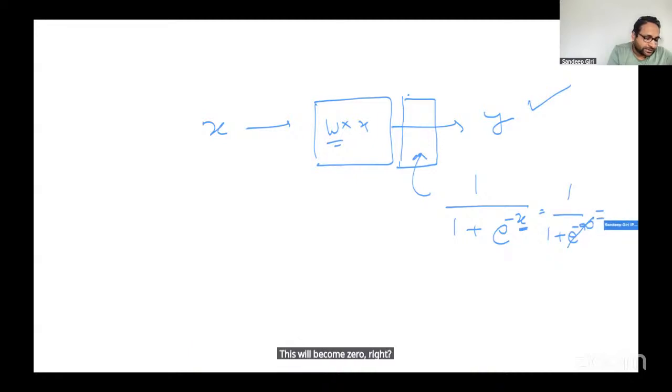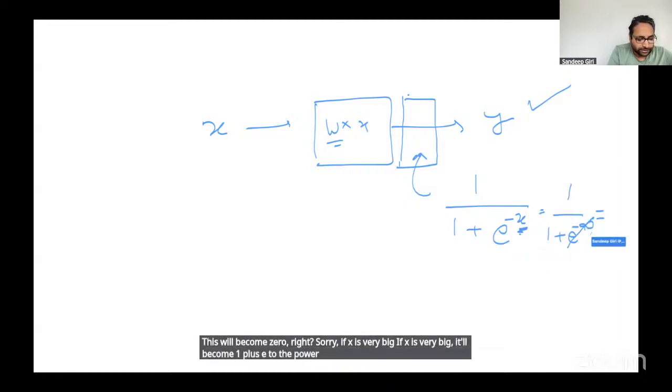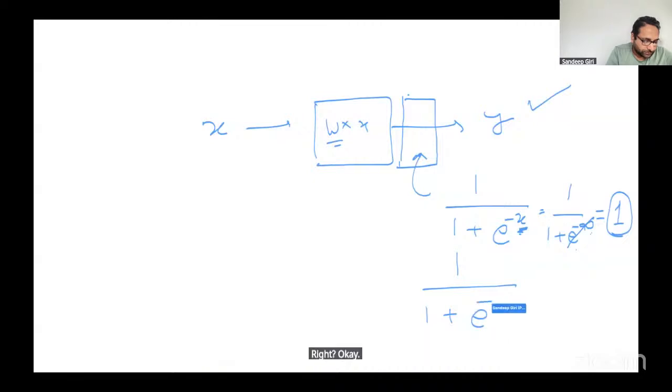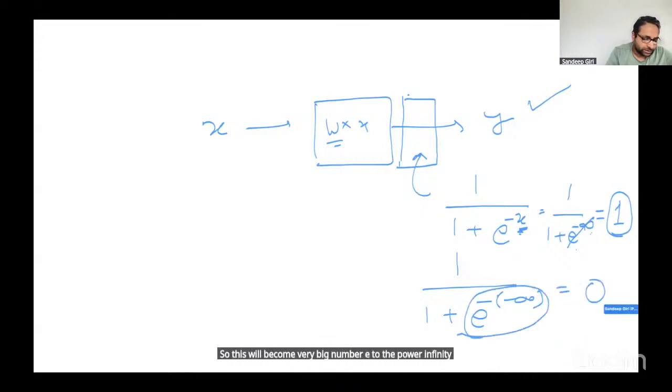Sorry, if x is very big, it becomes 1 plus e to the power minus infinity, and hence it'll be 1. If x is very small, let's say minus infinity, then e to the power infinity is a very big number, and hence this will become 0.